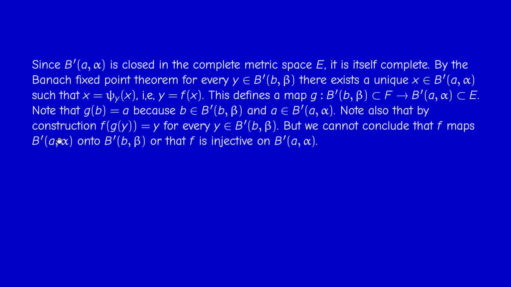Okay, so in general, the image under f of this ball contains this ball. But essentially, when I restrict properly x and y, then g is the inverse of f because of this equation. Okay.